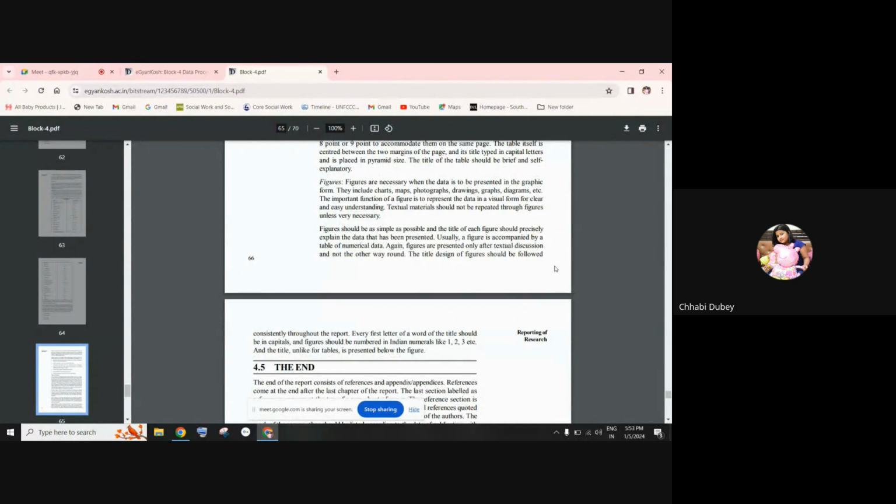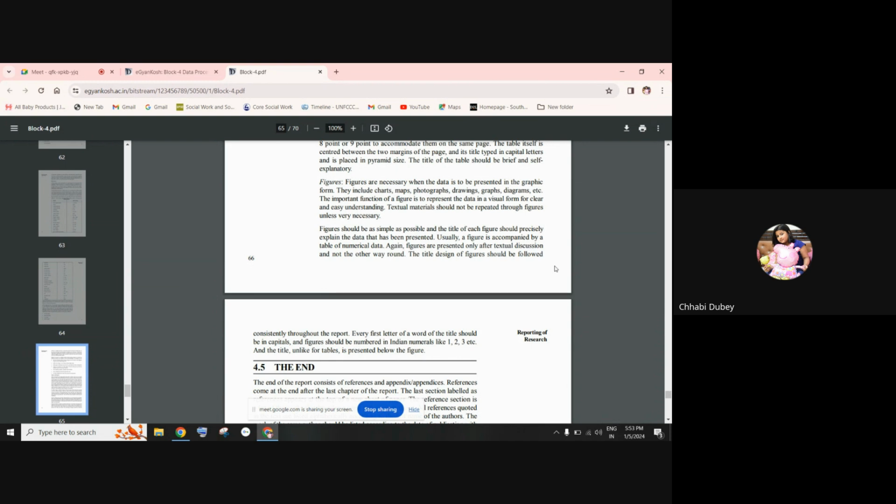So the textual material should not be repeated. One important point is that the figures should be very easy to understand, properly numbered, and precisely explained. This helps us to understand the diagrammatic representation of the data.